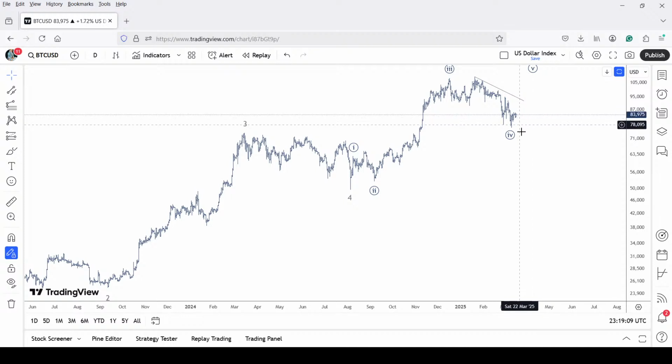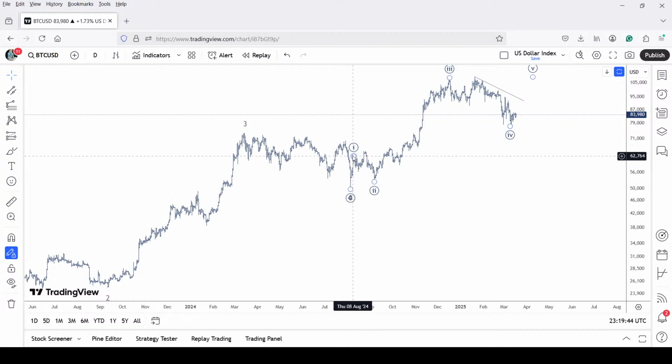If prices continue pushing lower from here and drop towards the 65,000 mark, I think we would come back to the primary wave down, or primary downtrend, right? But at least for now, we would give the benefit of the doubt that minute wave 4 is potentially complete, but prices should hold above 76 for that outlook to remain intact.